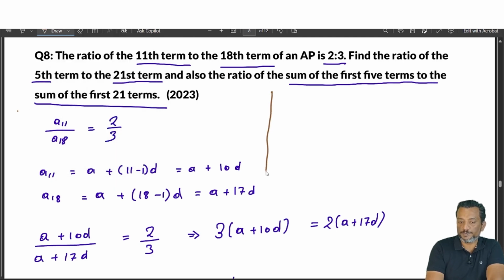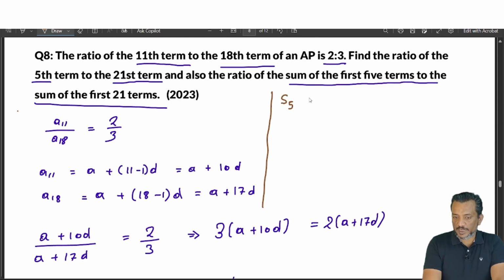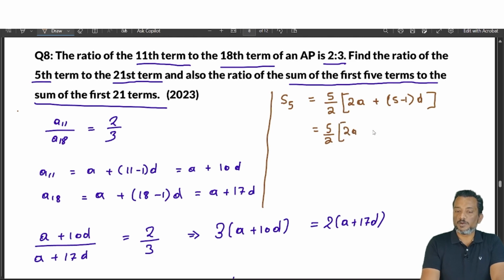Let's do it here. So here you can say the sum of the first 5 terms, S5, is equal to 5 over 2 times (2a plus (5 minus 1) times d), which means you will get 5 over 2 times (2a plus 4d).